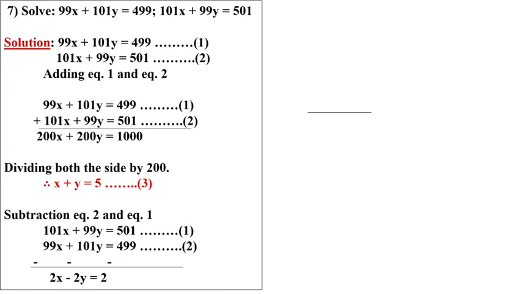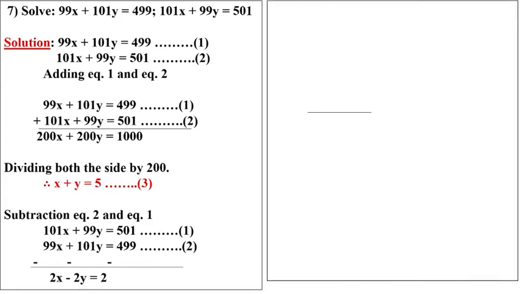So minus 2y equal to 501 minus 499, we get 2. Here 501 is greater, so the sign is positive. So 2x minus 2y equal to 2. This equation can be divided by 2. Dividing both sides by 2, we get x minus y equal to 1. That is equation number 4.